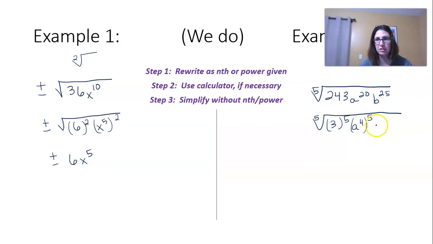And a to the 4th to the power of 5 gives you a to the 20th. And also b, you can break down to the power of 5. I think it's kind of cool that you can manipulate these numbers, and look, they all now have a power of 5. We did not change the value of any of these, we just rewrote them. And then the last step is to simplify without any power. So you ended up with just 3a to the 4th, b to the 5th. And then you're done with that.